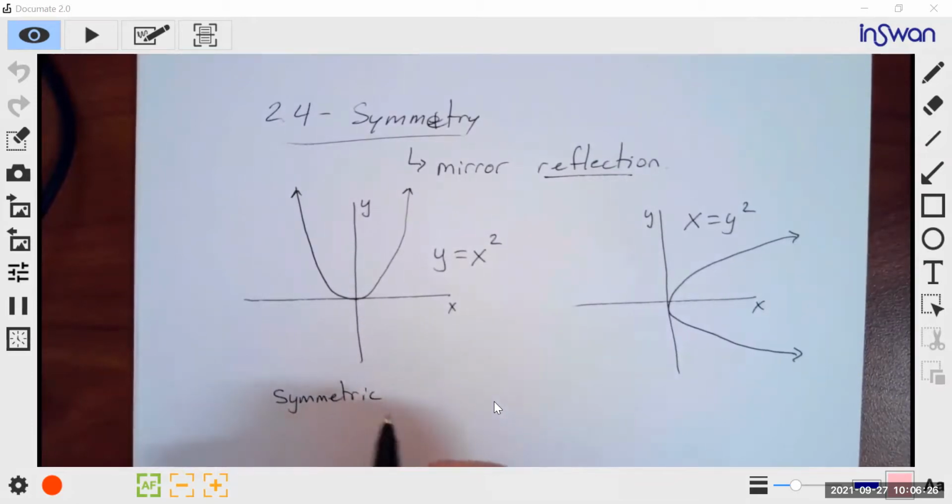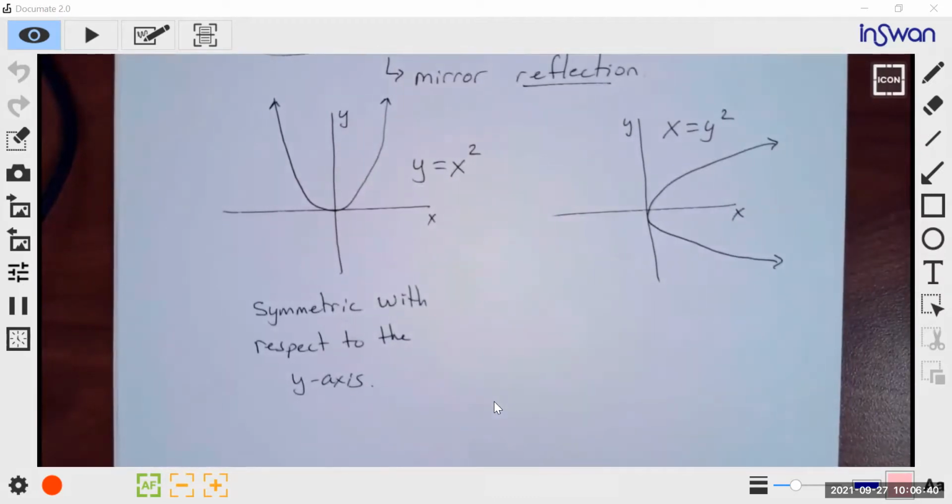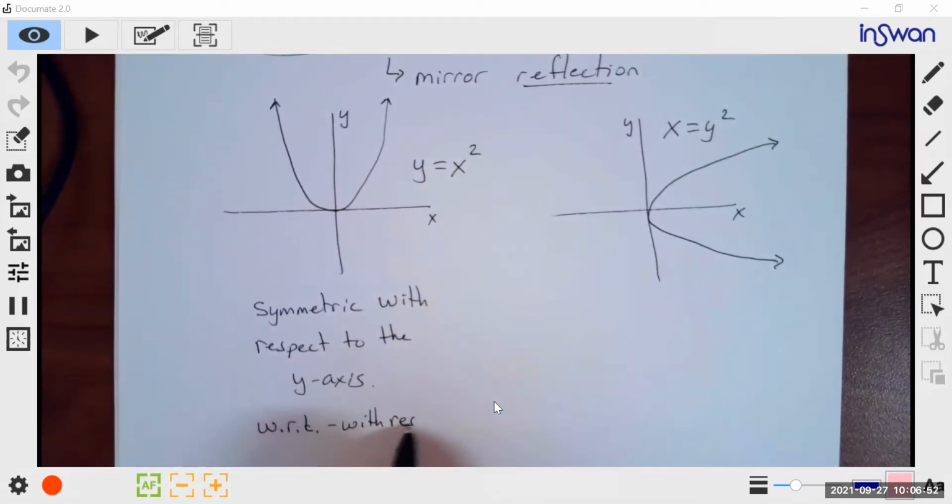We say it's symmetric with respect to the y-axis. For shortcut, instead of writing with respect to, we just use WRT.